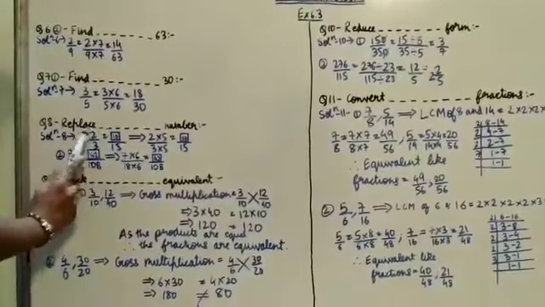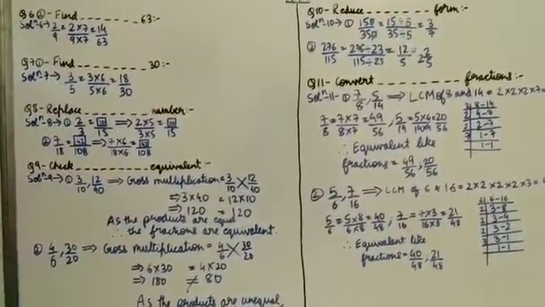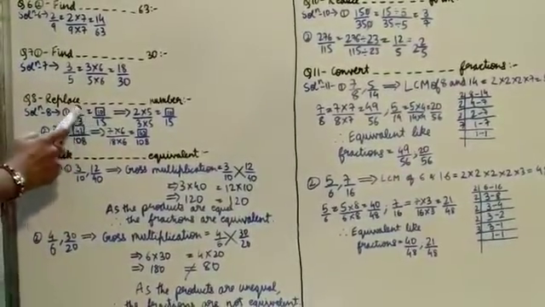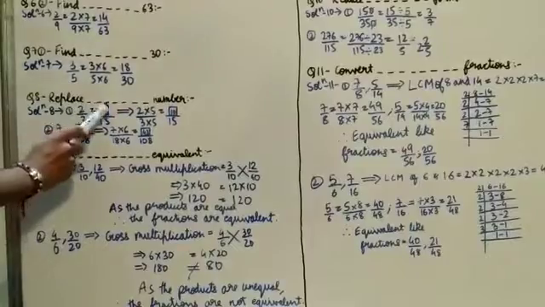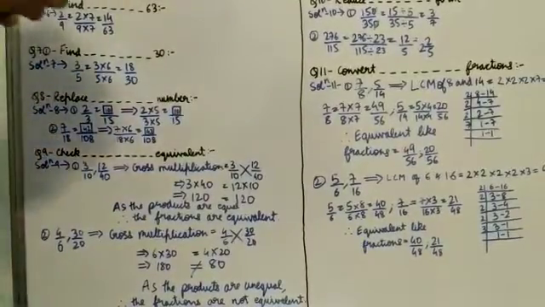How? Divide 15 by 3, it will be 5. Now multiply 5 by 2. 5 twos are 10. So 10 is the missing number here.